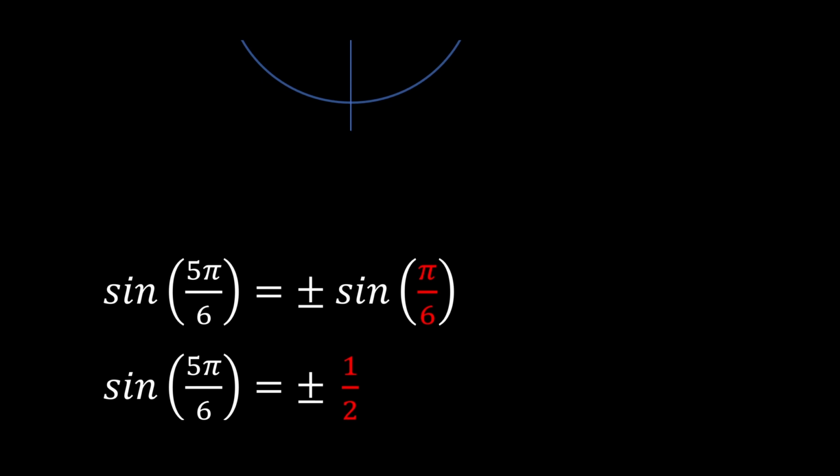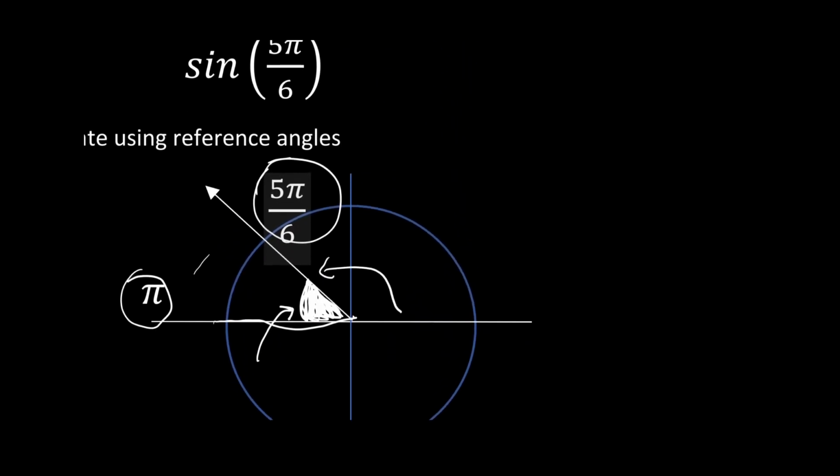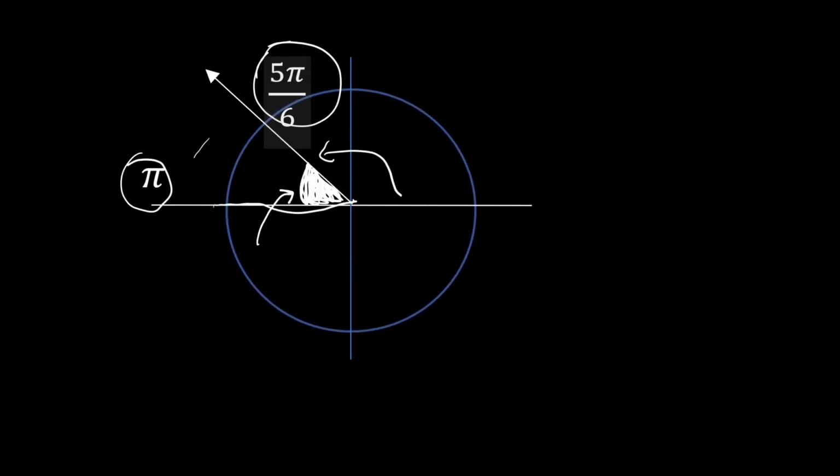How do we know? Well, we have to look at the quadrants. Don't forget our little mnemonic device, right? All Students Take Calculus. Our angle, 5 pi over 6, is in the second quadrant.